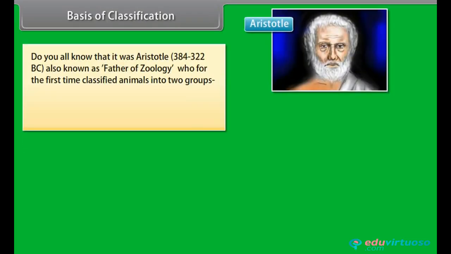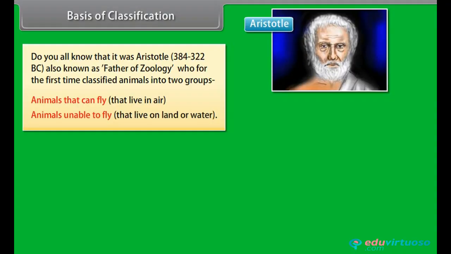Do you all know that it was Aristotle, 384 to 322 BC, also known as the father of zoology, who for the first time classified animals into two groups: animals that can fly, that live in air; animals unable to fly, that live on land or water.